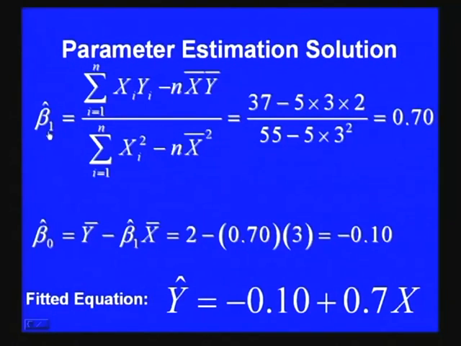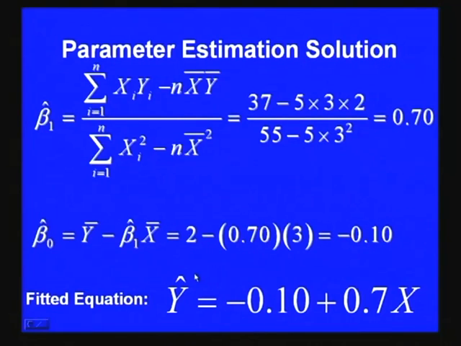Then we can compute the value of beta 1 hat. So, beta 1 hat is equal to summation xi yi minus n times x bar into y bar, divided by summation xi square minus n times x bar square, which is equal to 0.7, and similarly beta naught hat is equal to y bar minus beta 1 hat x bar, which is equal to minus 0.1.